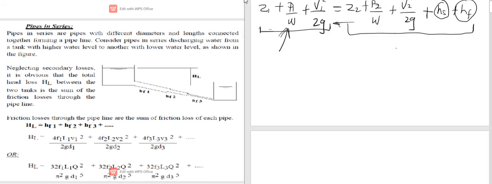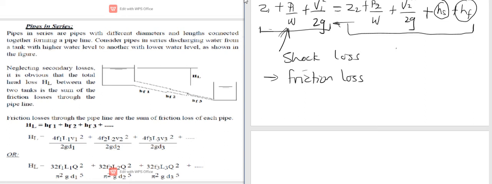As I said earlier, there are two types of losses: shock loss and friction loss. For the purpose of this crash course, I will not be explaining both. I will only be explaining friction loss, because I have noticed that in our notes, shock losses are usually ignored. So only friction loss counts.